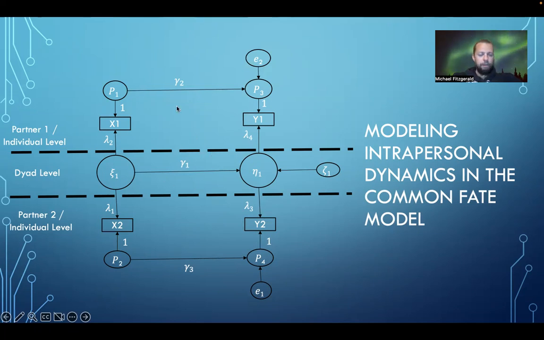So again, implementation of these procedures should not affect your parameter estimates at the dyadic level. Another thing that you may notice is that on the endogenous side, we have two error terms, E1 and E2, but we do not have those error terms on our exogenous side. If you recall some of the assumptions of OLS regression and structural equation modeling, the distributions of our independent variables are fixed and known, which essentially means that they are measured with perfect reliability and without measurement error.